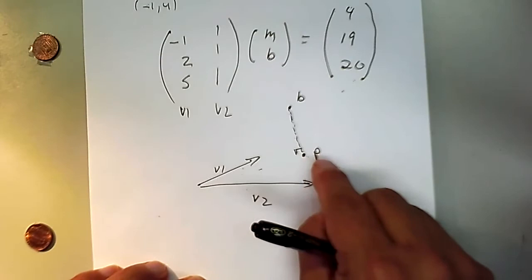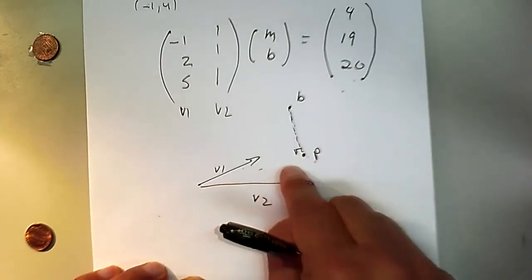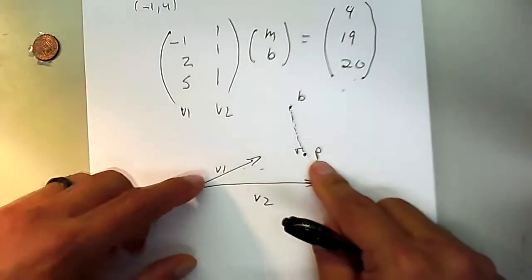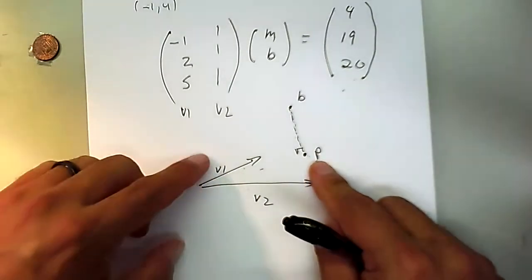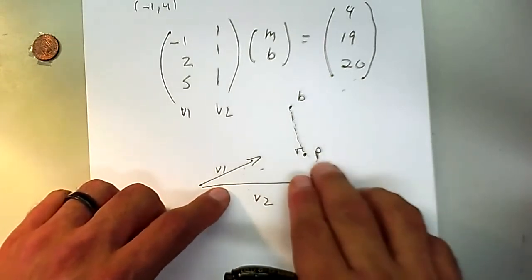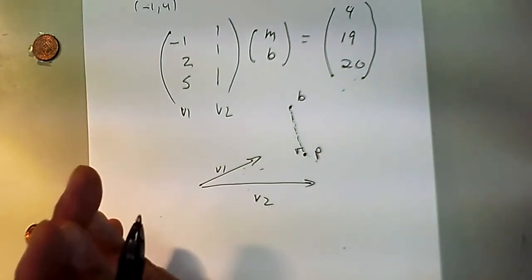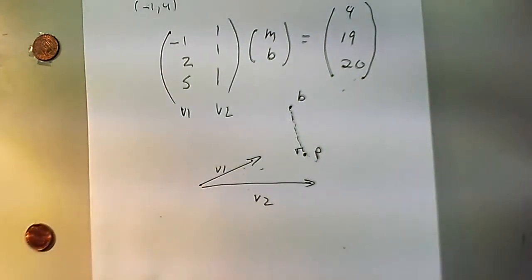Now, we don't necessarily want P. P is going to be a 3-dimensional vector, which is going to be a linear combination of those two. We don't want P. P was found in our previous video when we were talking about projections. Remember, we found the, what should we call it, the projection matrix.